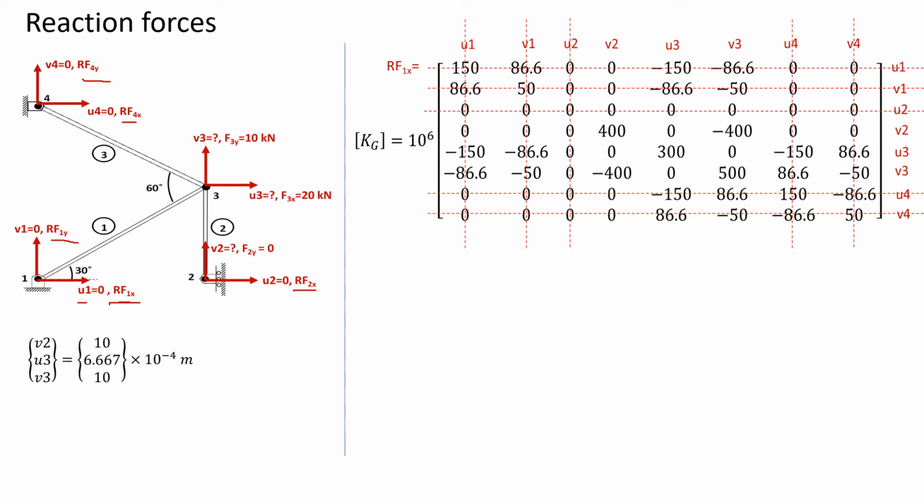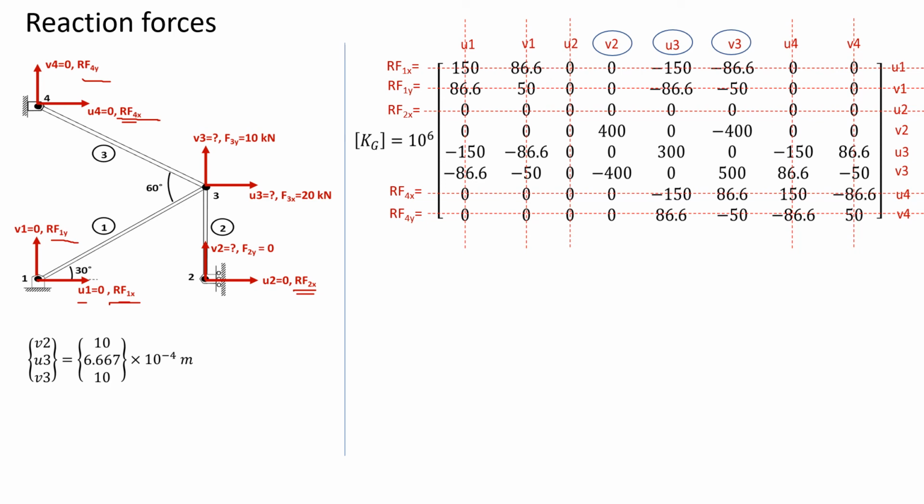For V1 we have RF1y, for the second row. The third row is for U2, which is RF2x. The second last row is U4, for RF4x, and the last one is V4, RF4y.